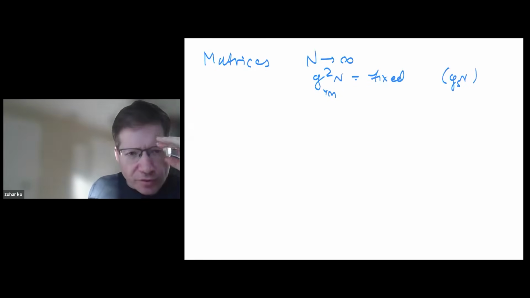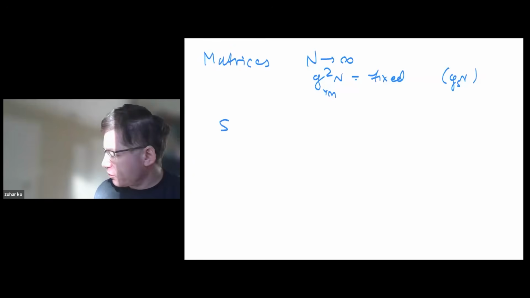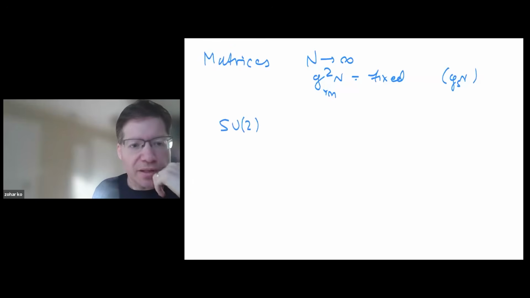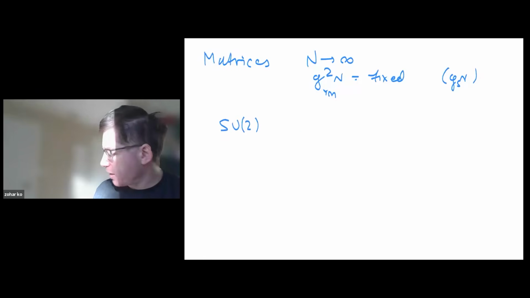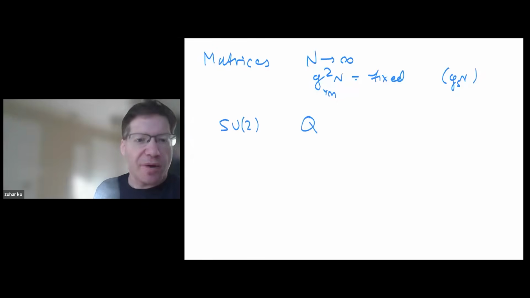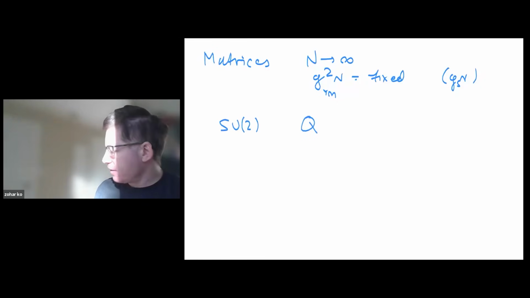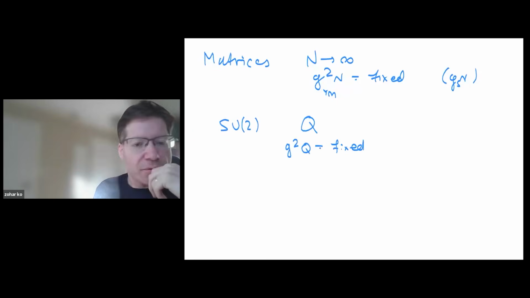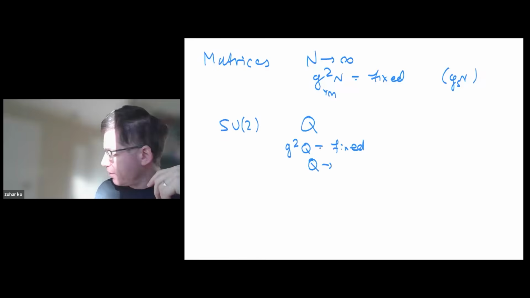Now, this is one semi-classical limit, but one thing that we've learned over the last couple of years is that even in SU(2) gauge theory, you don't need to take large matrices. Even in SU(2) gauge theories, if you look at states with particle number Q, states with many, many particles in that theory, it turns out that there is a limit where you keep g squared Q fixed, and you send Q to infinity.